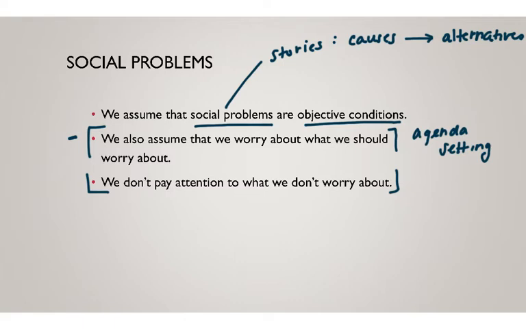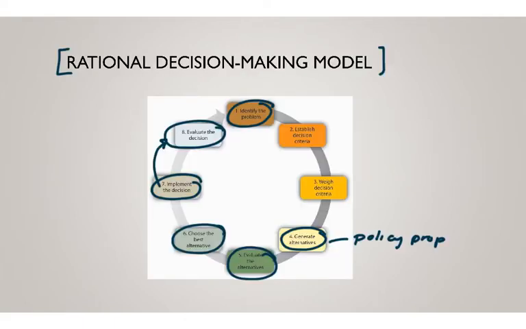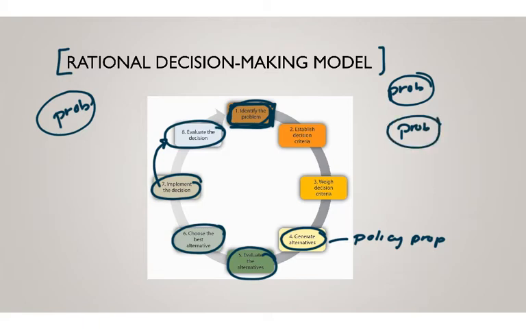So the rational decision-making model, if we go back here, assumes that we're going to easily identify the problem. It ignores the fact that there are many problems in society, that society has many different types of problems, and that decisions are made to focus on one problem over the other. And this rational decision-making model ignores the process that occurs before we even pick which problem to worry about.